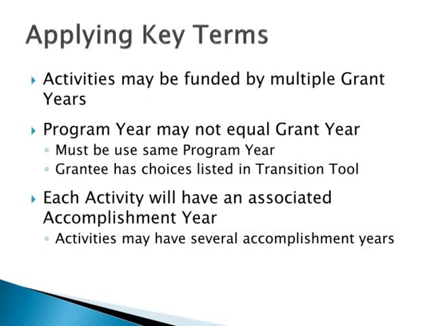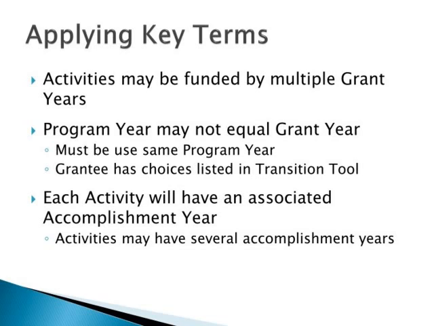Part of the new guidance indicates that the grantee must choose one program year to identify with all projects and activities for the 12-month accomplishment year. To help you determine what program year to use, there are several methodologies listed in your manual from which you can choose. These options are also detailed in your transition tool provided as Appendix B.